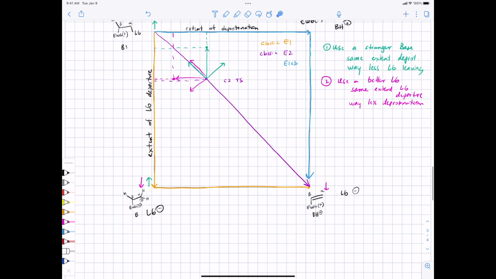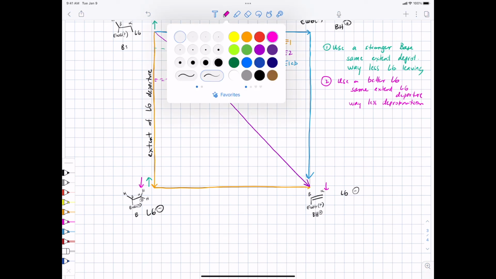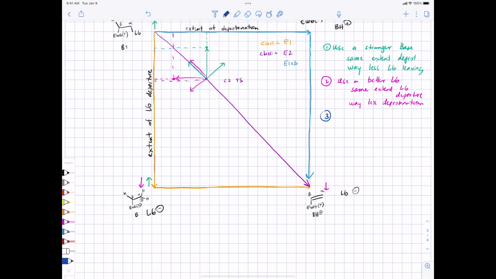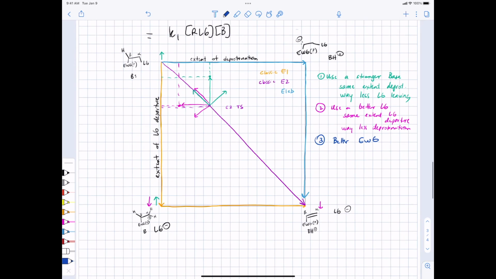Okay, last one. What if we have a better electron withdrawing group on the beta carbon? What would that tend to do? Well, you would think that that would lower the energy of this anion, and I'm not really sure what it would do for any of the other corners. Am I thinking through that wrong?